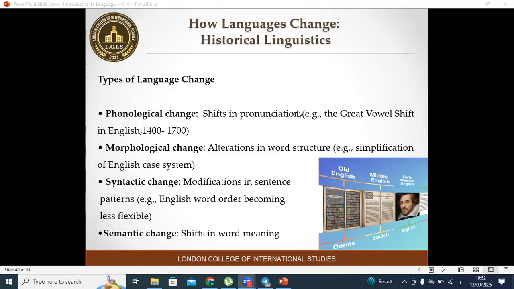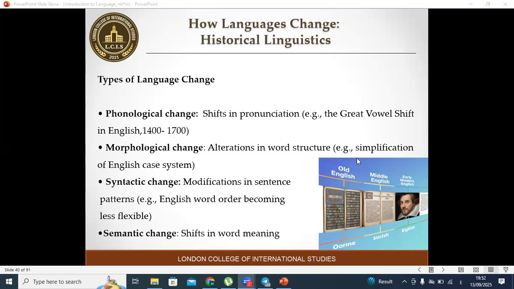Types of language change. We have phonological change, morphological change, syntactic change, semantic change. Phonological change: shifts in pronunciation, for example, the Great Vowel Shift in English from 1400 to 1700.